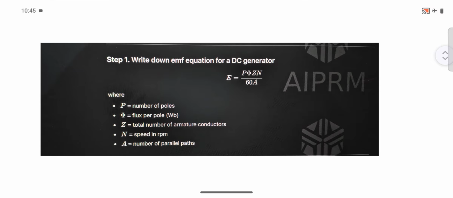Some data we have to calculate to find the terminal voltage. First, we will use the EMF equation for DC generator. As we know, the formula for EMF is P phi Z N by 60A. What are all the parameters?